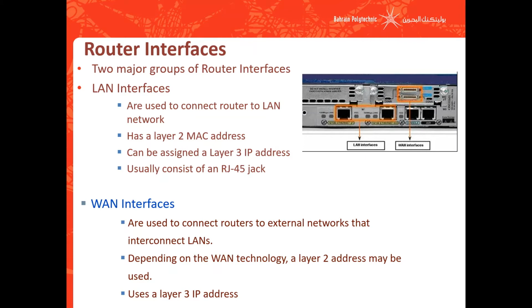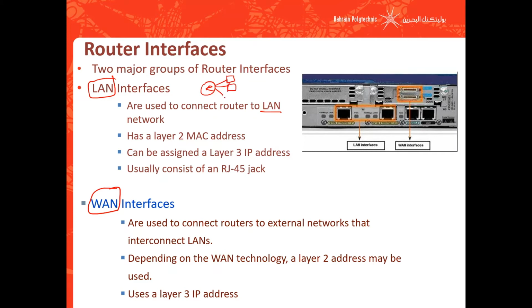There are two groups of interfaces on a router. There's one for LAN and there's another one for WAN. Now, LAN is used to connect the router to a local area network. So basically, there's probably one router and then multiple switches.